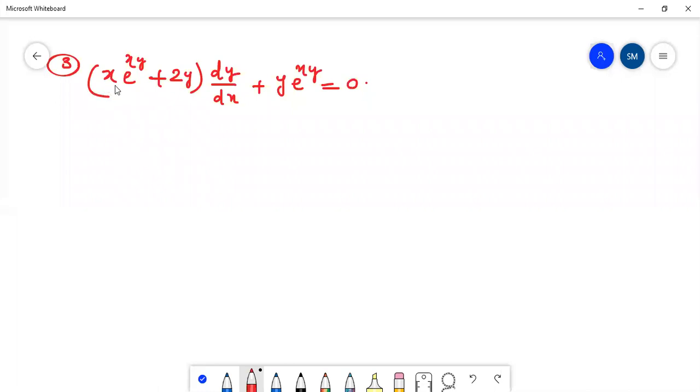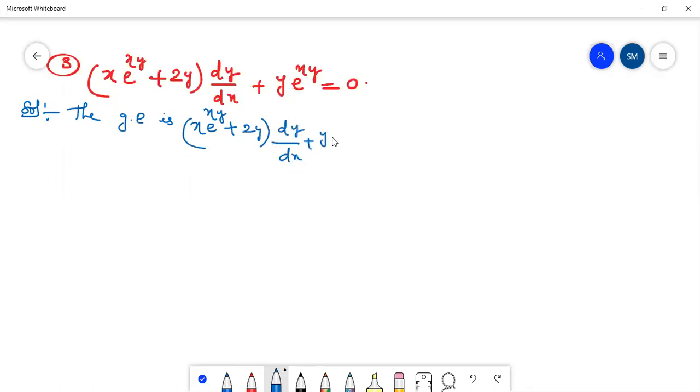Third one, solve x e power xy plus 2y into dy by dx plus y e power xy is equal to 0. Let it be equation 1. The given equation is x e power xy plus 2y into dy by dx plus y e power xy is equal to 0.